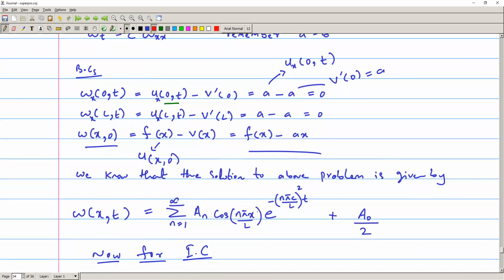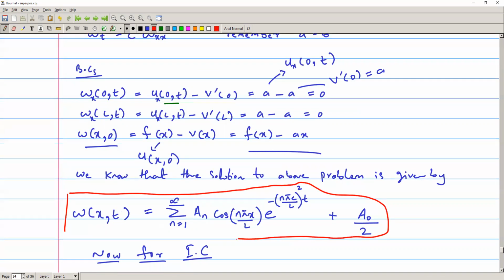So now we know that the solution to the above problem is given by W of x,t is equal to the sum from n equals 1 of An cosine n pi x over L e to the power negative n pi c over L squared t plus A naught over 2, right? In the form of a Fourier cosine series, because now this problem has homogeneous Neumann boundary conditions, right?